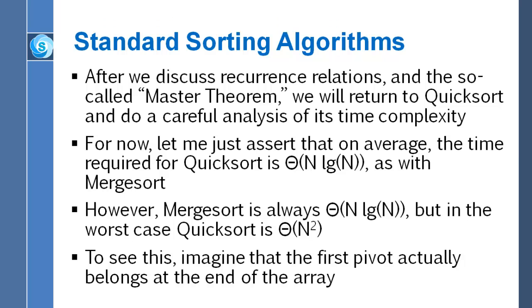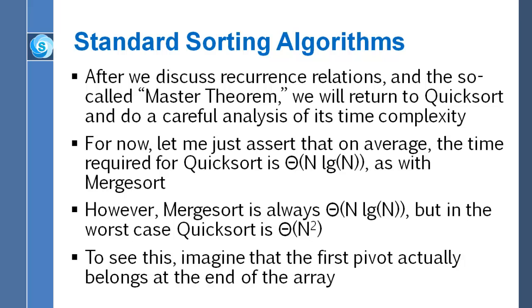Hopefully you got your head around Mergesort and the fact that at each level of recursion, the size of the list that you're involved with gets cut in half. And that makes it pretty straightforward to count the number of levels of recursion and conclude that, well, it's basically base 2 logarithm of n, maybe plus or minus 1, doesn't matter.